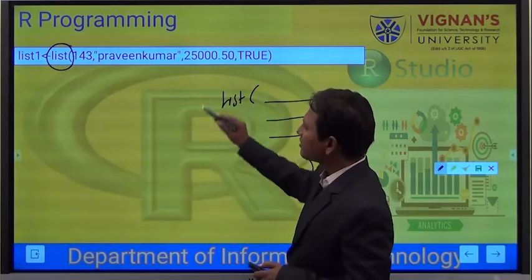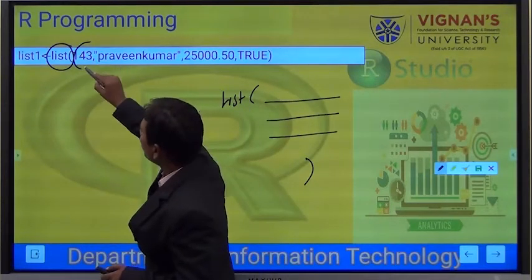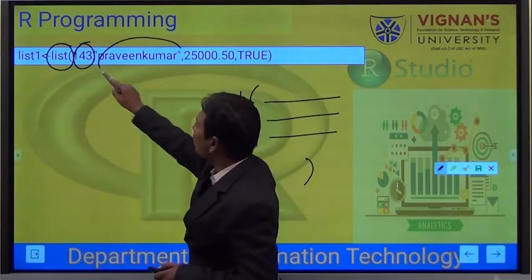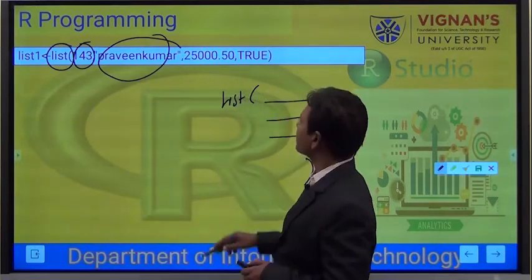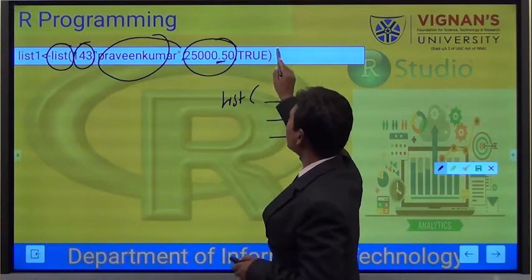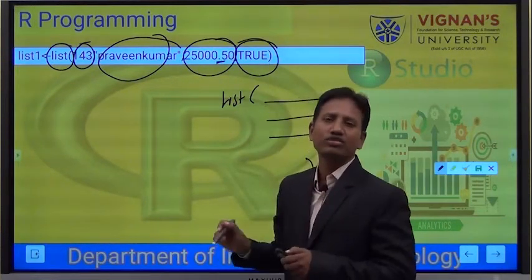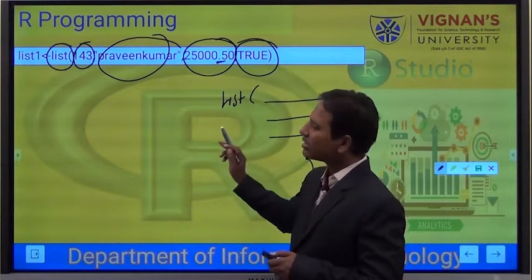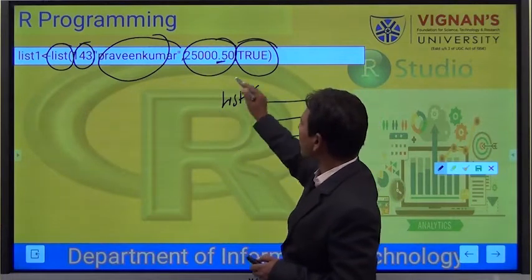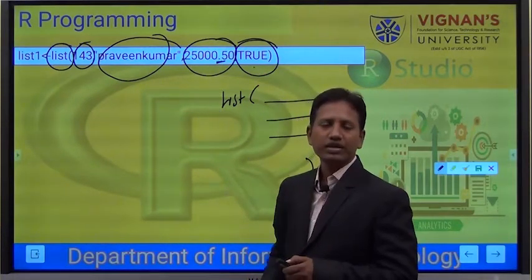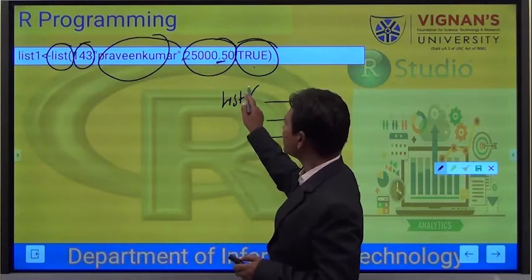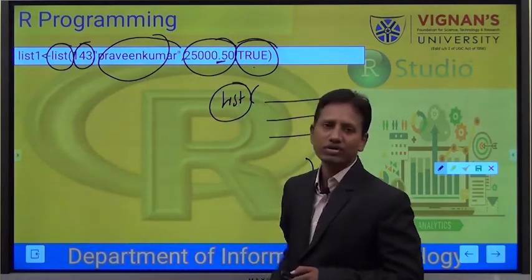So here, as a first argument, I have passed one number 143, and this is another object name, and this is another object with floating point value salary, and this is another logical value. So here I have kept one double type, a character type and a logical type. Three different types I have kept in a single structure with the help of this list function, and I have stored it into list1.